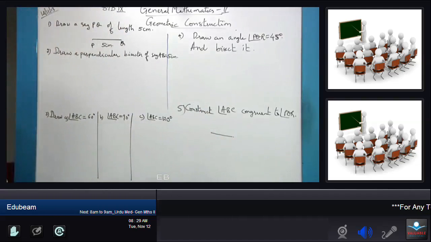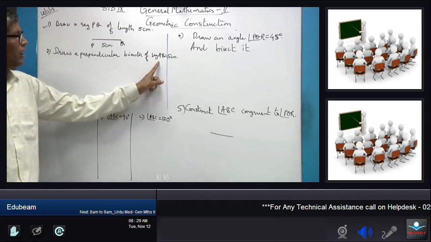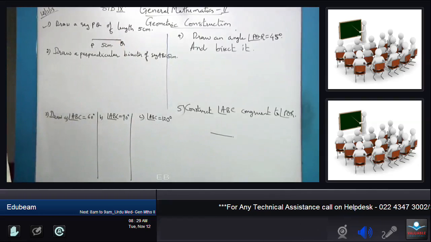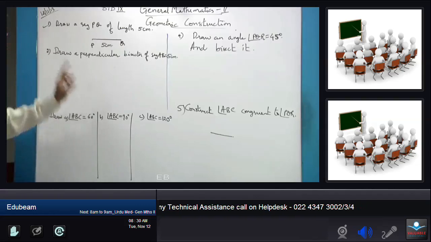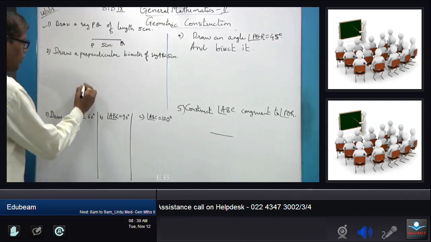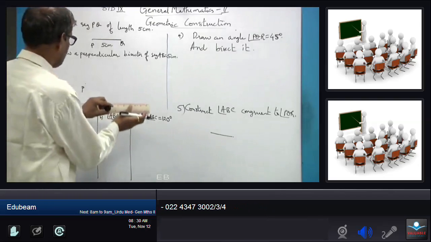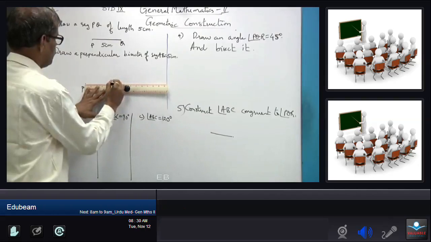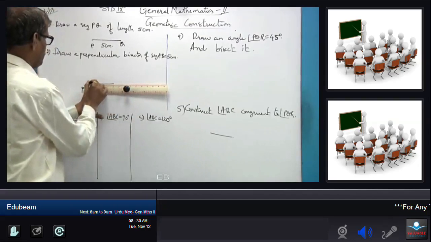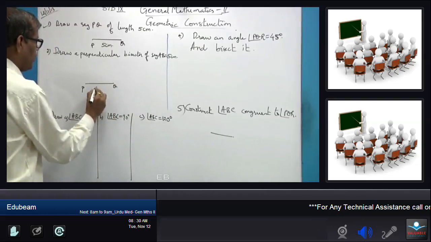Let's take the next one. Draw a perpendicular bisector to segment AB equal to 5 centimeter. So the first part is continued in the second one. You are going to take P once again, measure it as 5 centimeter, again the same thing, join it, you get PQ, that measures 5 centimeter.